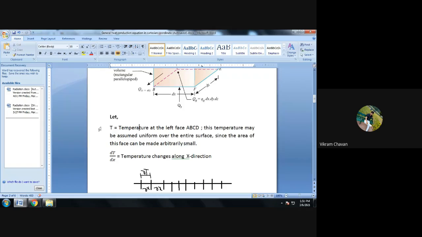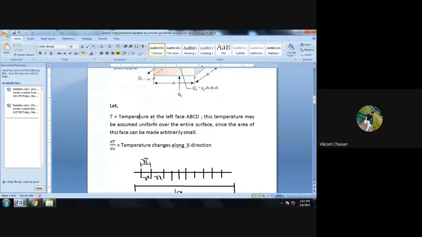Then next, dT divided by dx is equal to temperature changes along x direction. Okay, full stop.